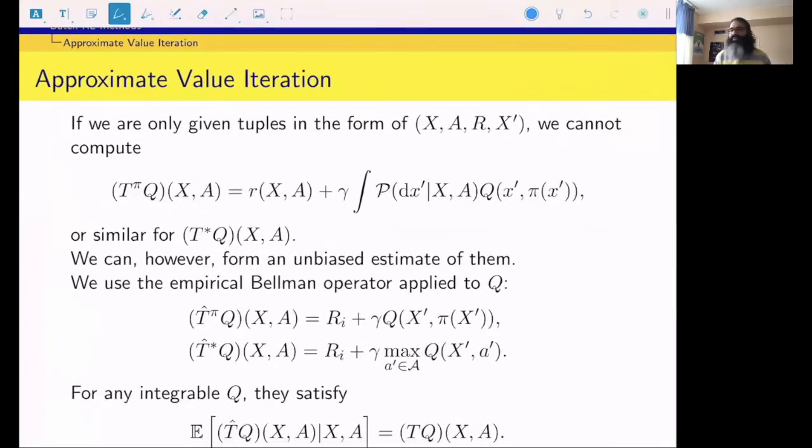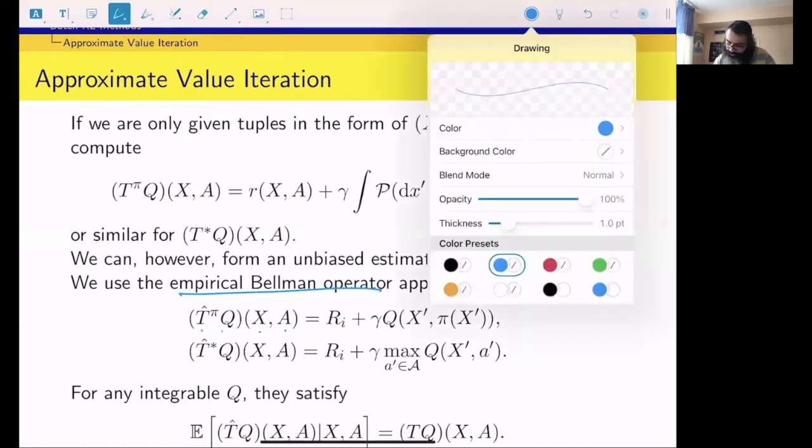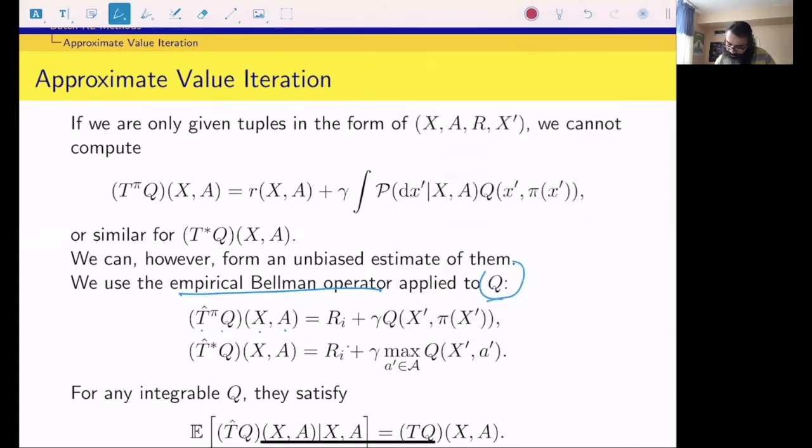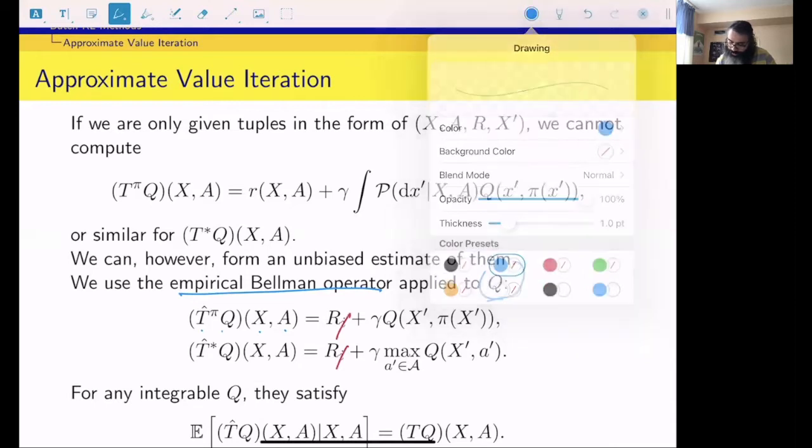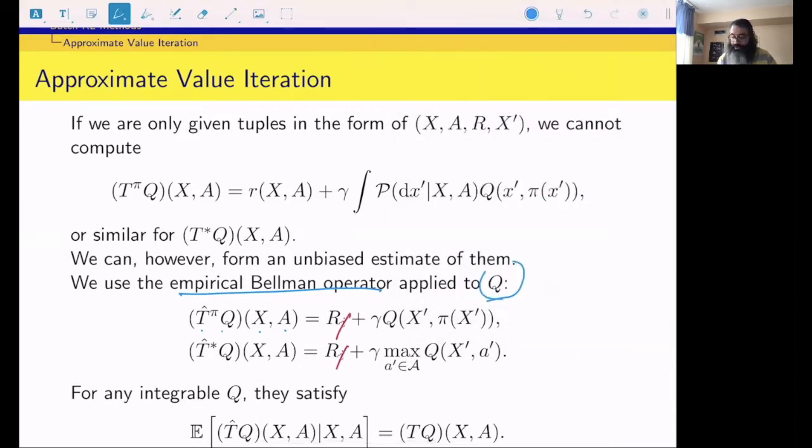So in approximate value iteration, we had it earlier, actually, I think the previous chapter, but this is the empirical Bellman operator applied to a Q. This means that we have T hat pi of Q at x and a. So it would be the reward that we get plus gamma times Q at x prime and pi of x prime.